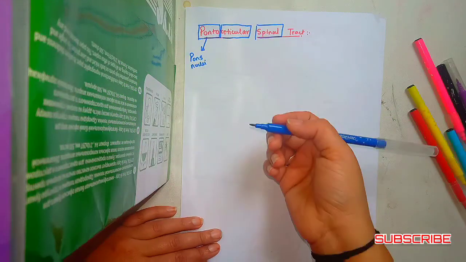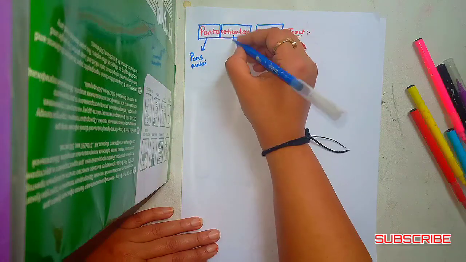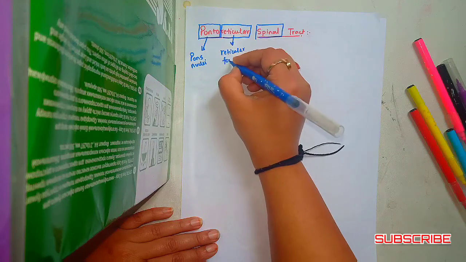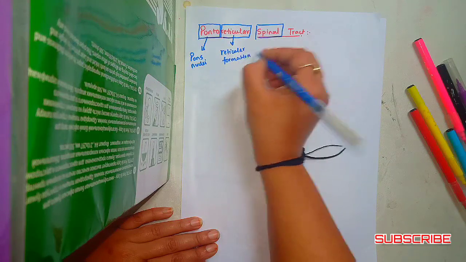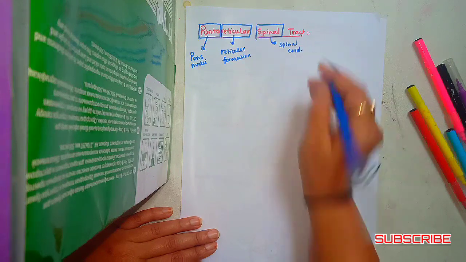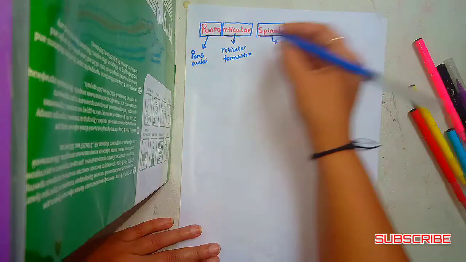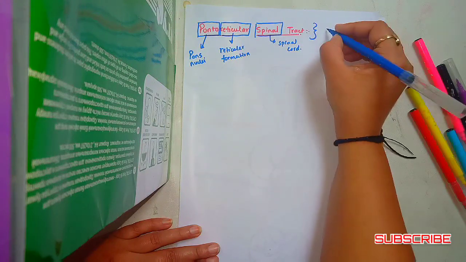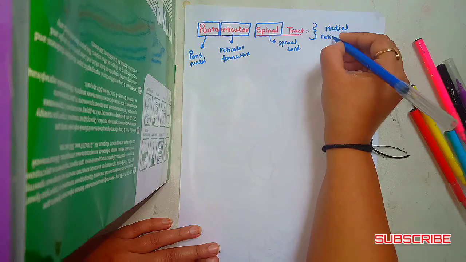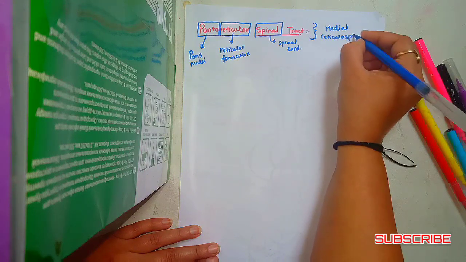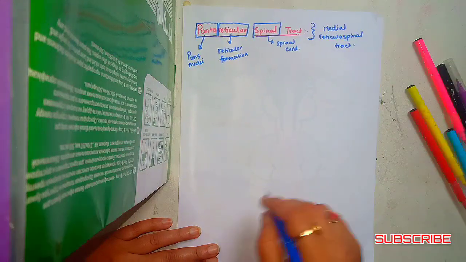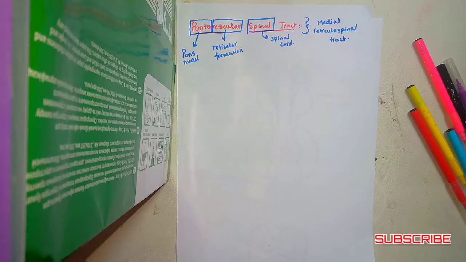So nucleus of pons is known as pontine. Reticular is a reticular formation, and spinal, as usual, spinal cord. And one another thing is that this tract is known as medial reticulo-spinal tract also.